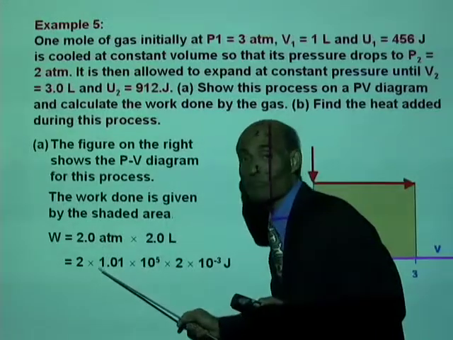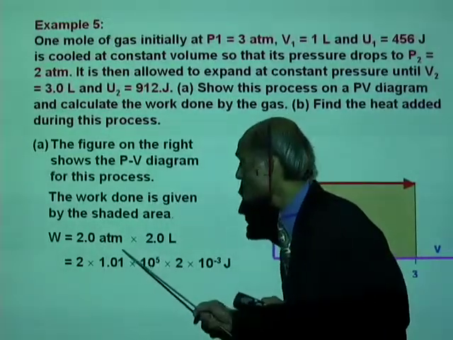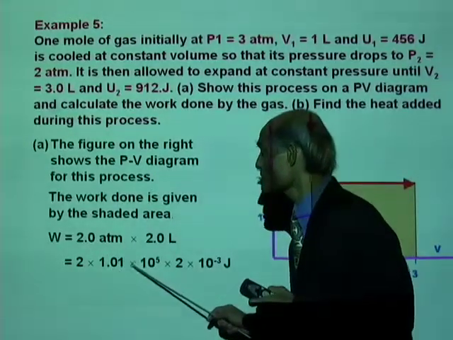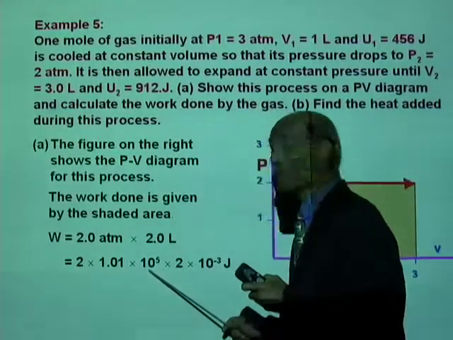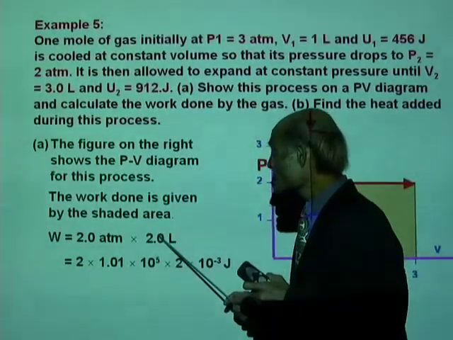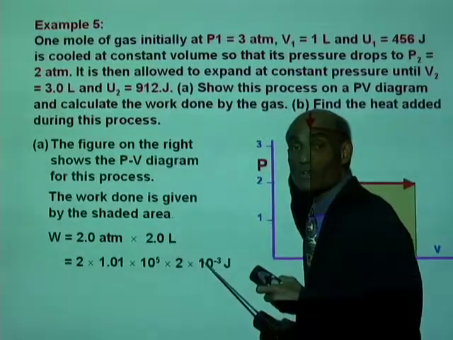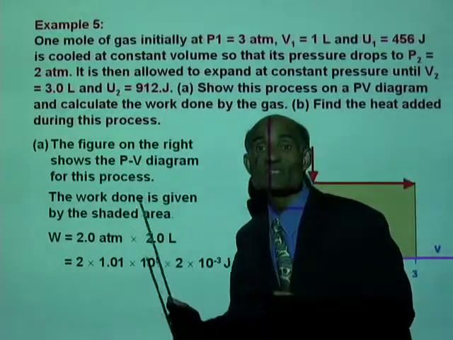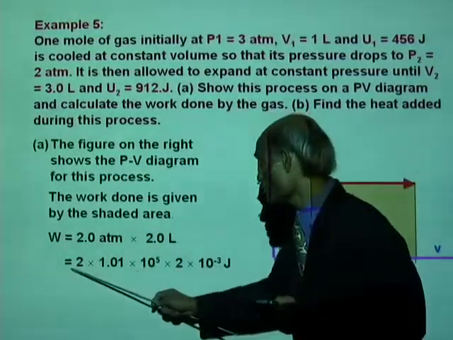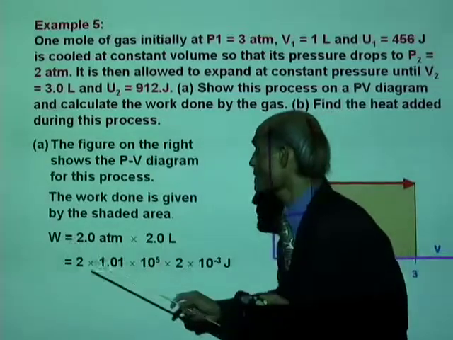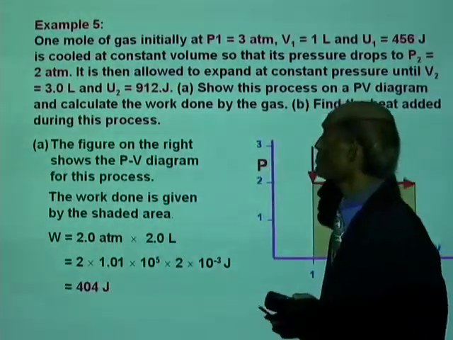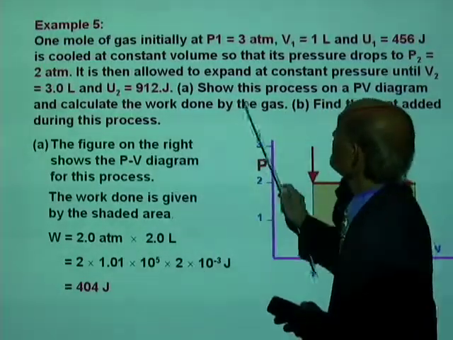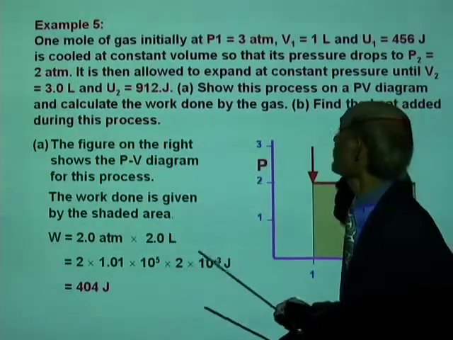Atmosphere is multiplied by 1.01 times 10 to the 5, so 2 atmosphere is 2 times 1.01 times 10 to the 5. Now this is in Pascal. And liters becomes meter cube when you multiply by 10 to the negative 3, since there are 1,000 liters in a meter cube. So this now becomes joules. Work done is 404 joules. Alright? So the work done during that process is 404 joules.